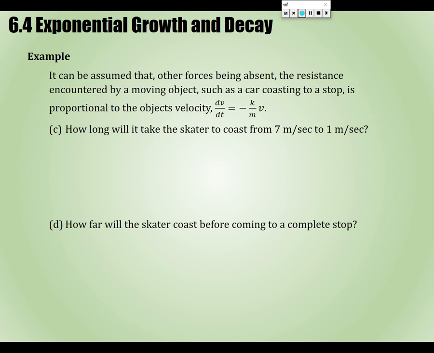Now that you have the full equation. What was it, 2.49? 2.490.